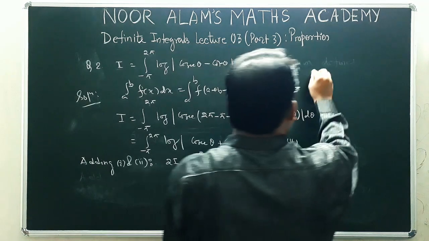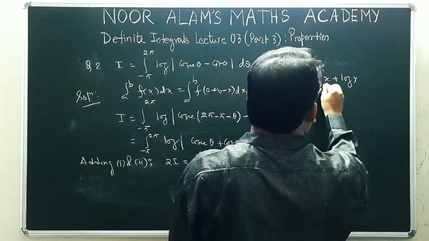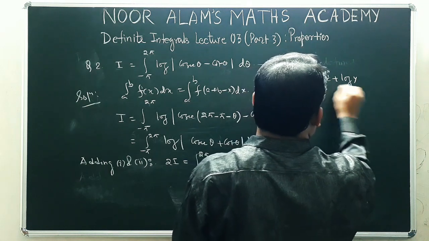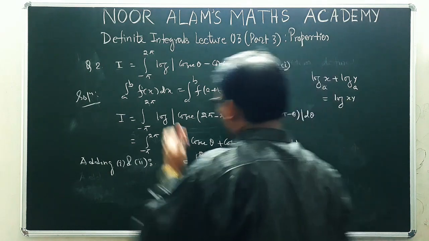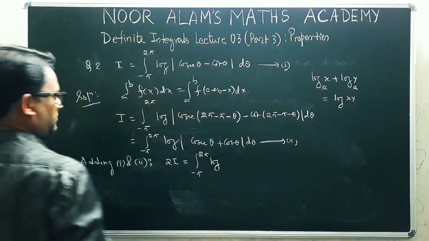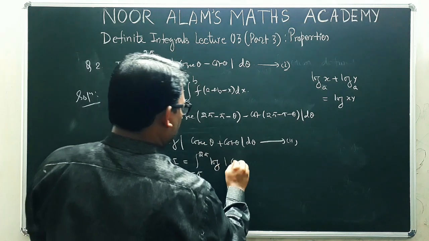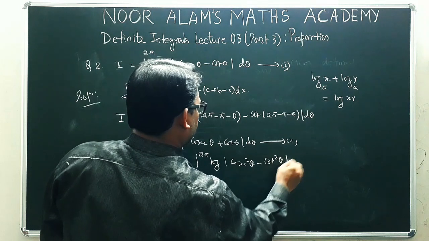and you know the property of log, that log of x plus log of y, with any fixed base a, you can write as log of x into y. Here we apply the same rule, log of this plus log of this, so it will be log of (cosec square theta minus cot square theta) d theta.